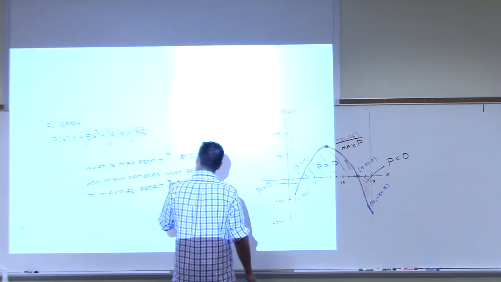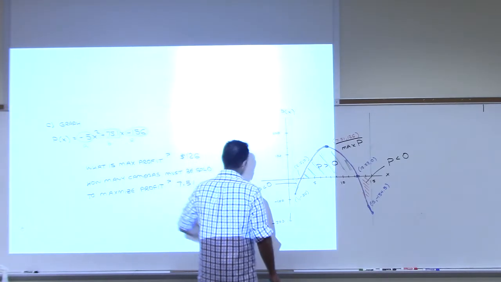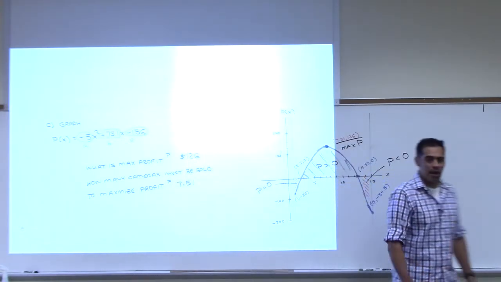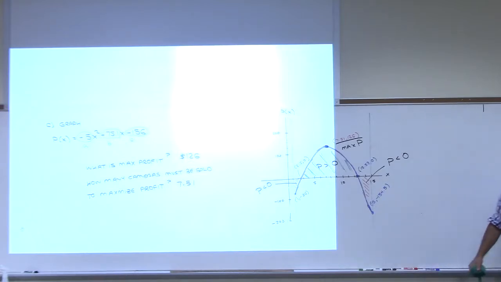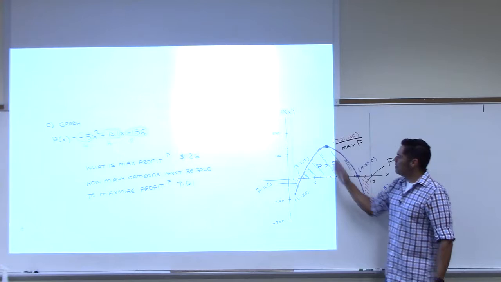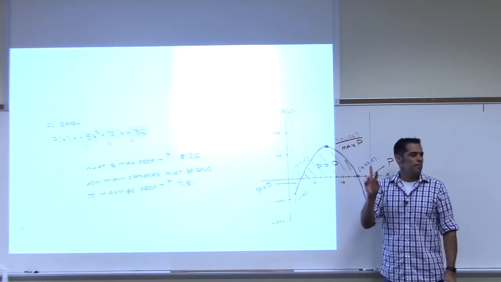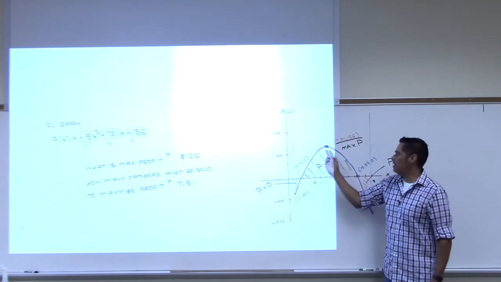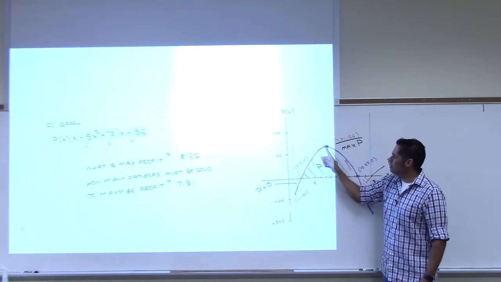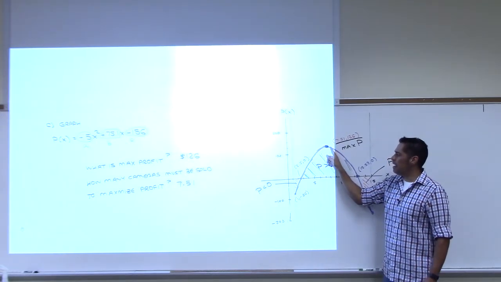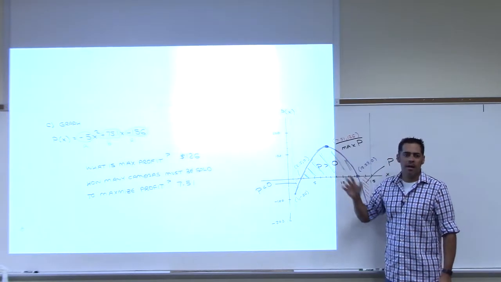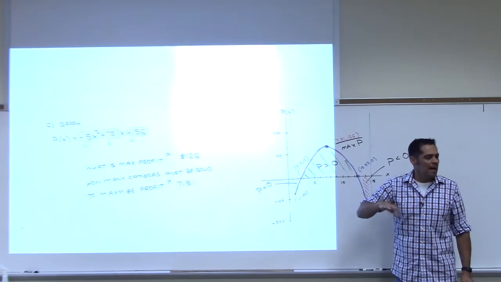So you get 7.51, which doesn't make any sense. I mean, in the real world, right, we're not going to have 7.51 cameras. But if you did 7 cameras or 8 cameras, there wouldn't be much of a difference in the profit. 7 cameras would be to this side over here, and 8 would be to this side. So either way, about 7 or 8 cameras will maximize your profit.